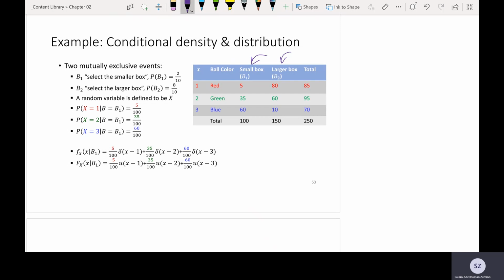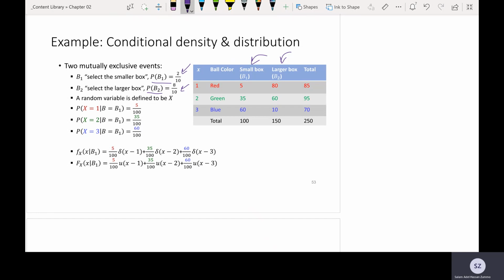The probability that you select box number 1, the small one, is 2 over 10. The probability that you select box number 2 is 8 over 10. So the probability that you pick box number 1 is 1/5, and the probability that you pick box number 2 is 4 over 5, or 8 over 10.